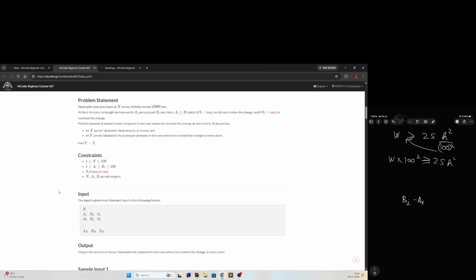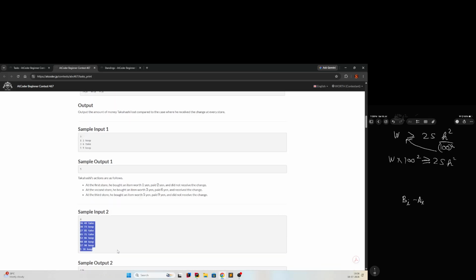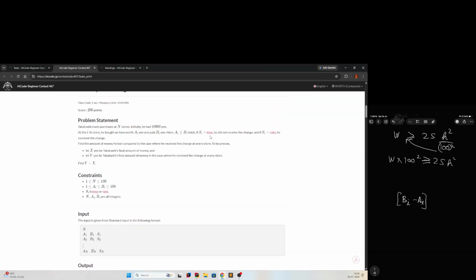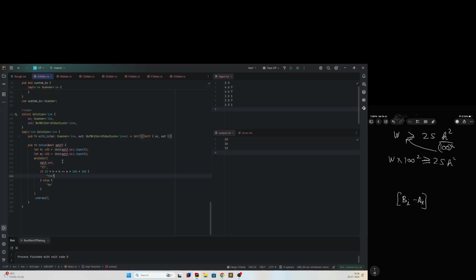The idea for this is we iterate through each store. We'll calculate this BI minus AI. If it is keep, then we will not have this value, so this is a loss we are having. If it is take, then we receive the change, so that is not a loss. So we just have to check for values that are keep, where we are losing this money, so we will add BI minus AI to our answer.